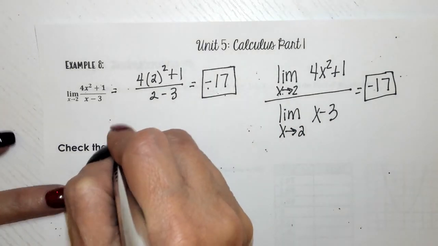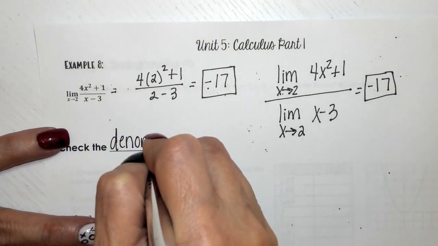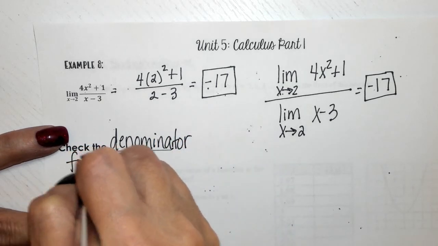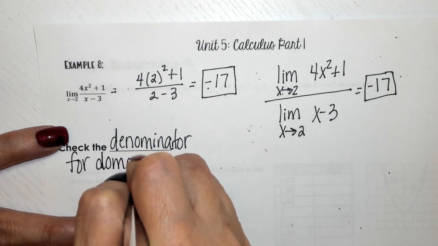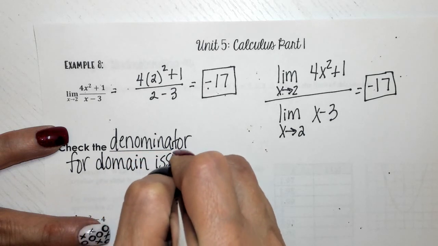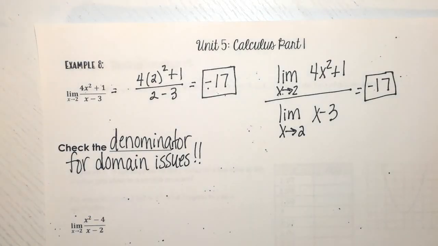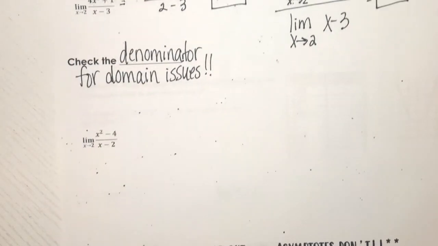You always want to be sure that you check the denominator for domain issues. This one did not have domain issues because if it had it as x approaches 3, we'd have had issues and then we'd have to figure something out. But this one did not have domain issues.